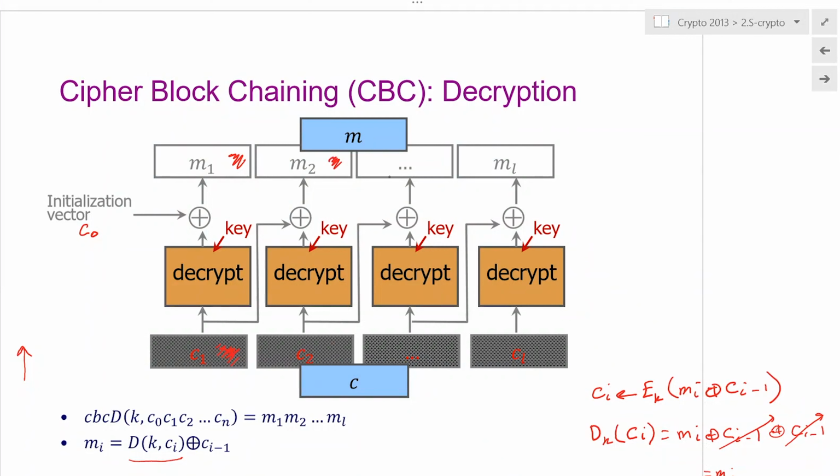Then let's see what happened to the next one, M3. C2 is correct, so we can decrypt this one now. It's fine, it only affects M2. But for decrypting M3, we only use C2, and we said that C2 is correct. Only C1 is affected. Therefore, M3 could be recovered correctly, and so on and so forth.